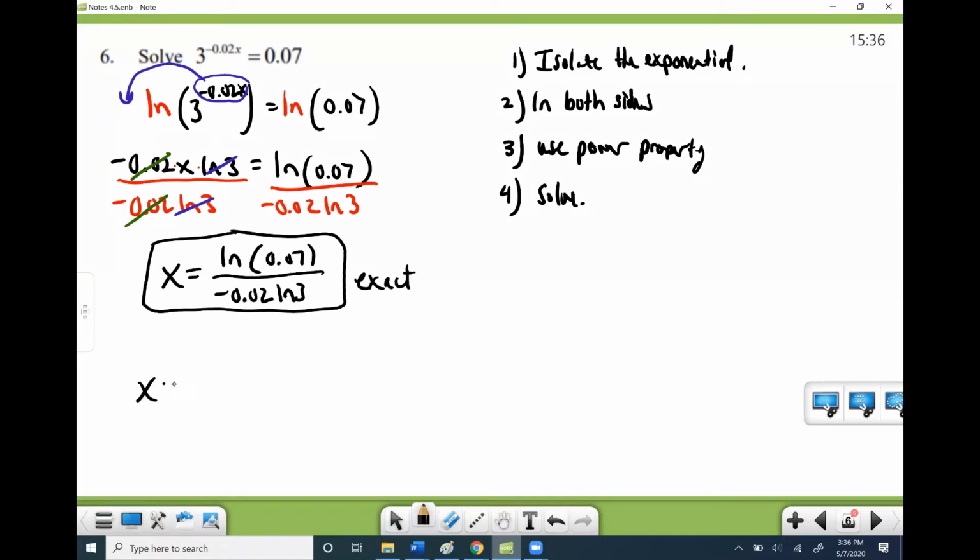Or we can try to get what that value is on our calculator. So let me see what that is. Natural log of 0.07 divided by parentheses negative 0.02 times natural log of 3 parentheses. I got about 121.028-ish.